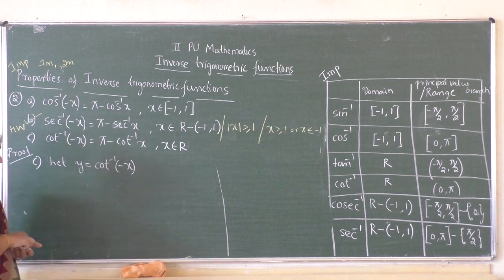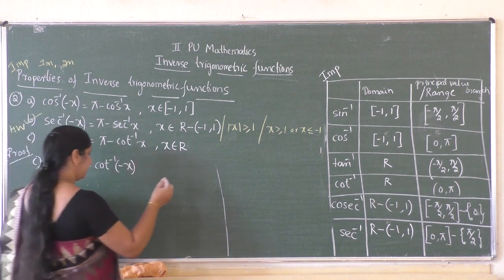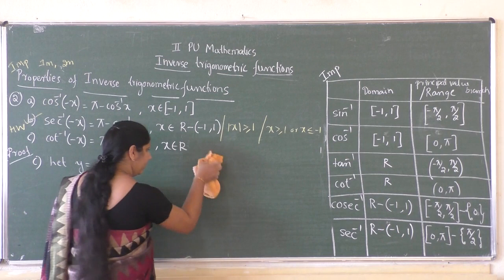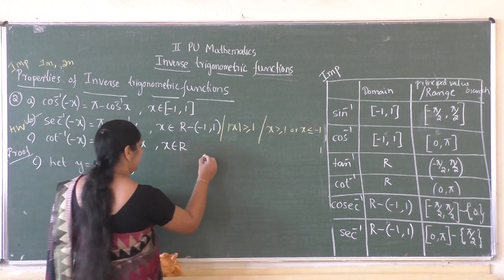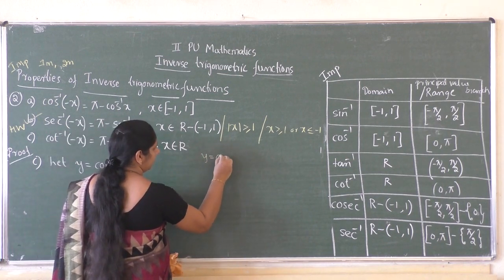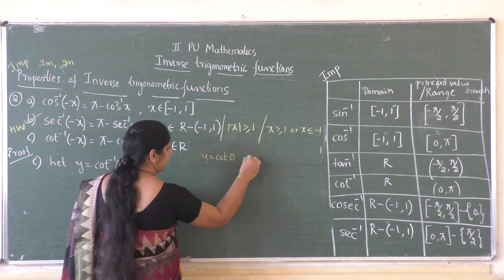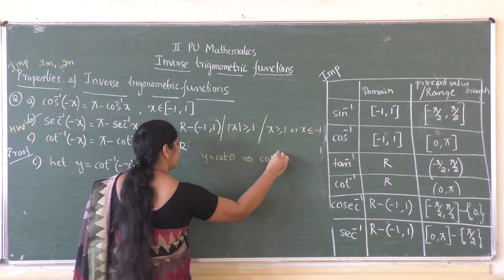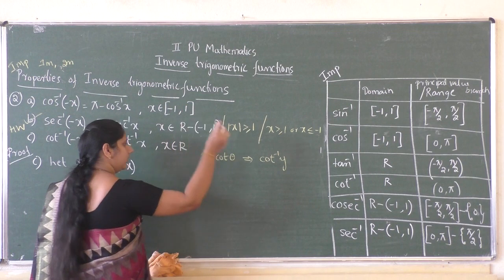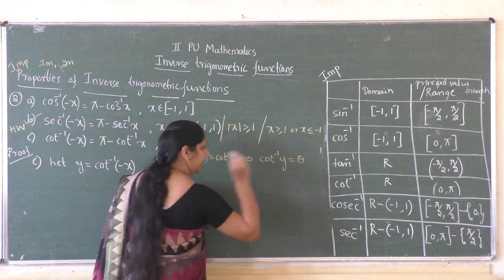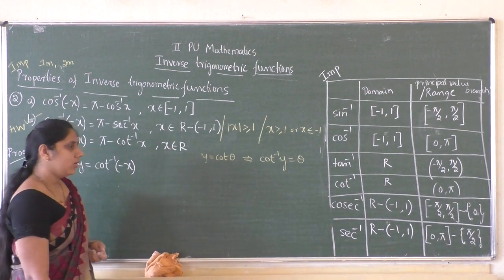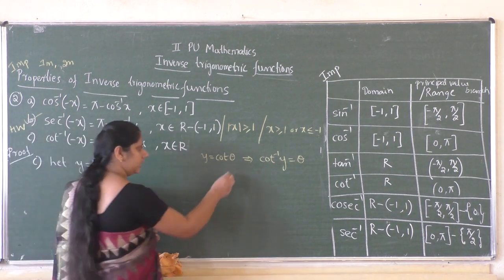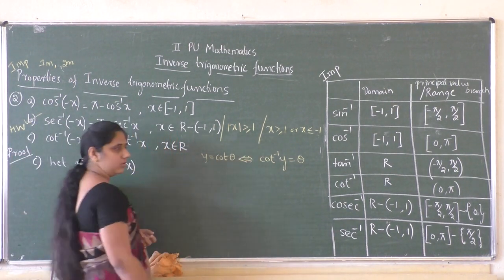cot inverse of minus x. Again same property: if y equal to cot theta, that implies cot inverse y equal to theta, or if we are given cot inverse y equal to theta, then y equal to cot theta.